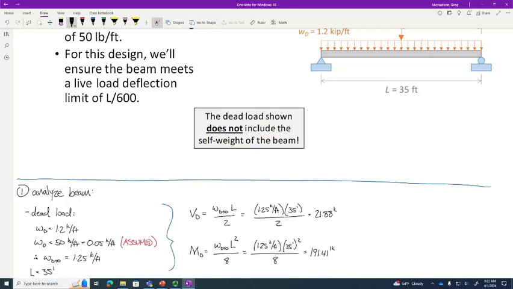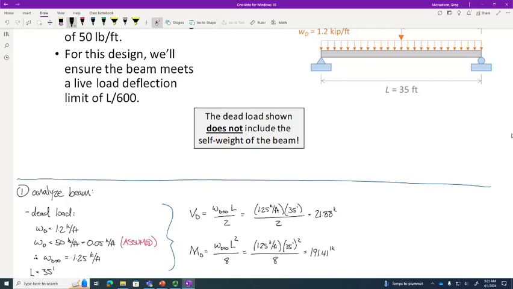Okay. All right. Now, I want everybody to watch up here. So here's the beam. Now for dead load, we had a distributed load across the beam. Now for live load, we have this.